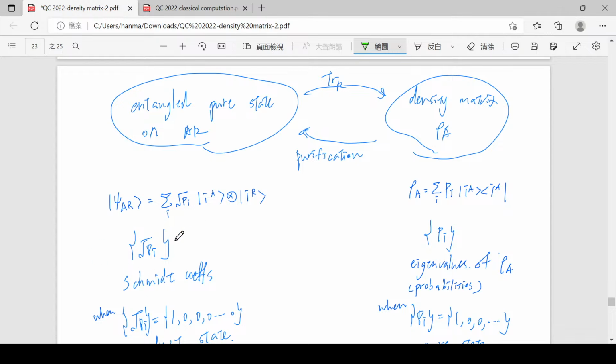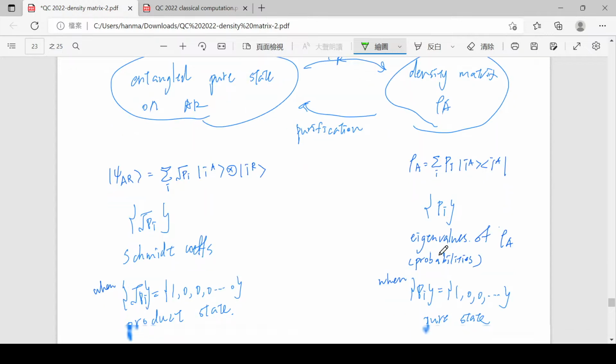On this side, those square root pi are called Schmidt coefficients, and those pi's are eigenvalues of rho A. You can also interpret this as the ensemble interpretation, where those pi are the probability of your state being this eigenstate iA.